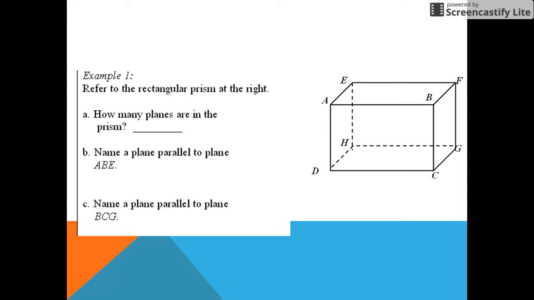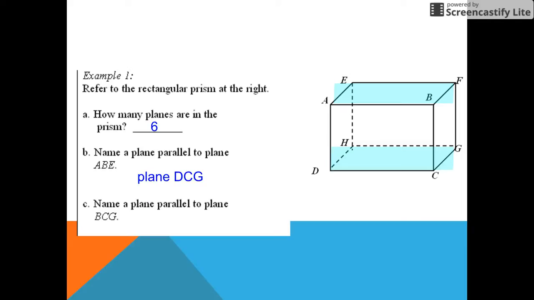So the first example has a few questions about this figure on the right, and the first question is how many planes are in the prism. This has planes on the front and back, and then also left, top, right, and bottom of the figure, so there's a total of 6 planes there. And a plane parallel to plane ABE, well, plane ABE is on top, so the parallel plane would be plane DCG.